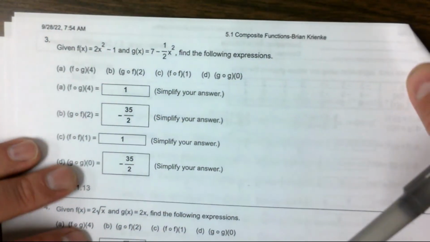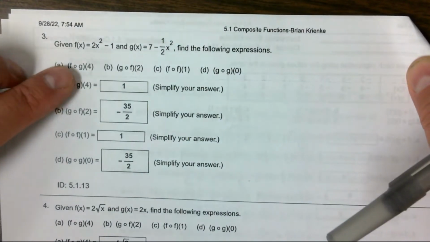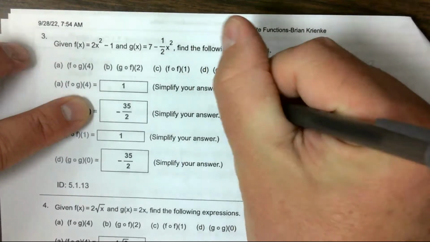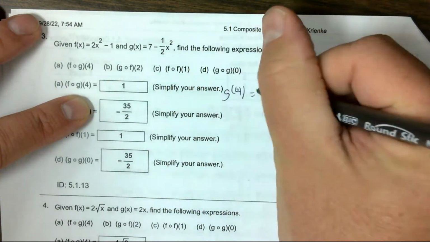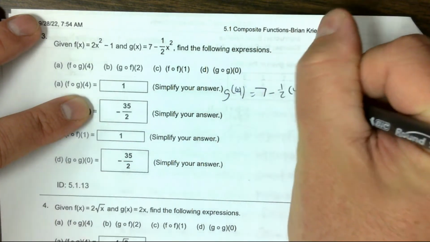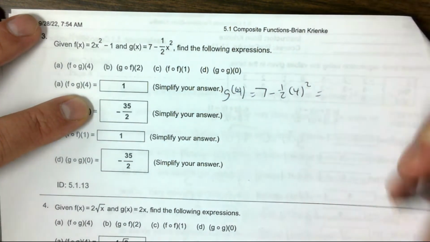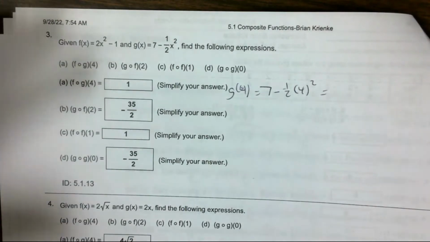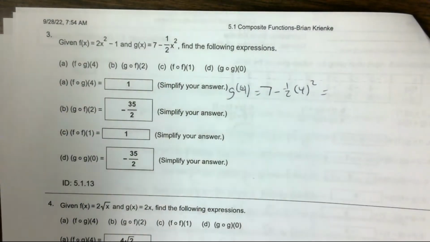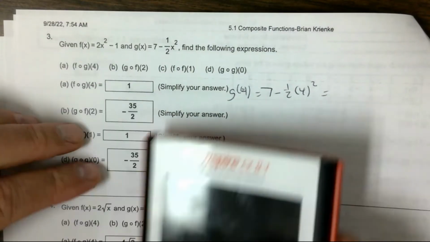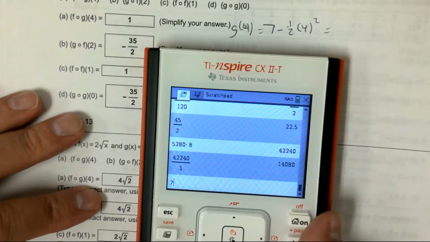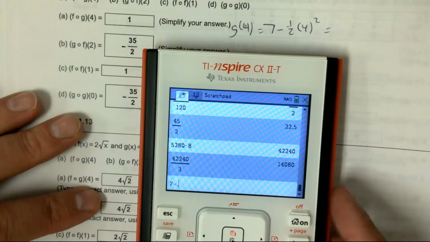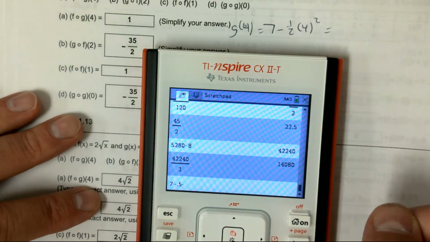All right, on this one, we're doing g of 4 first. And so that's going to be 7 minus 1/2 times 4 squared. 7 minus 1/2, I'm going to just type 0.5 for that.